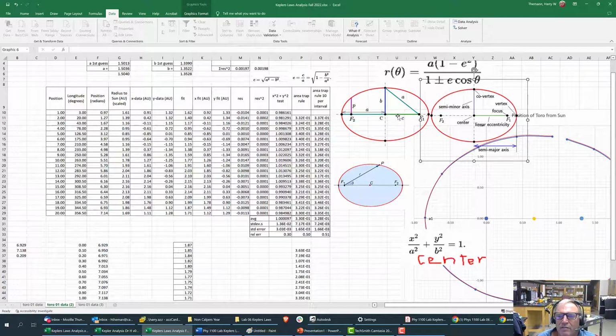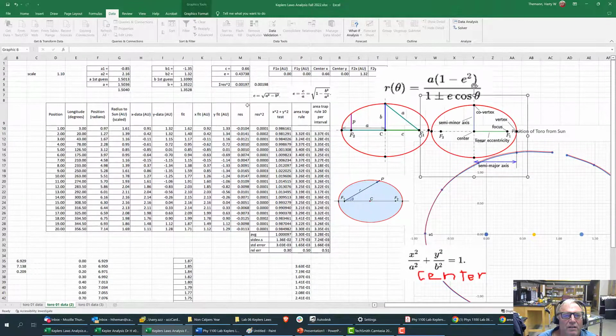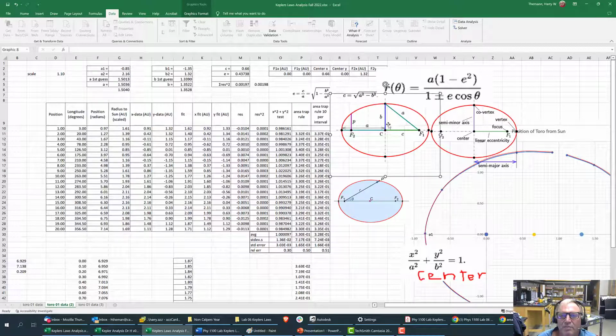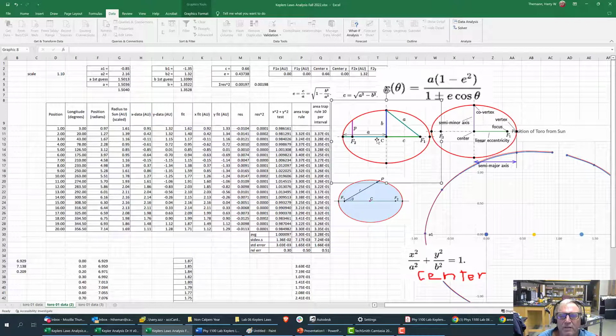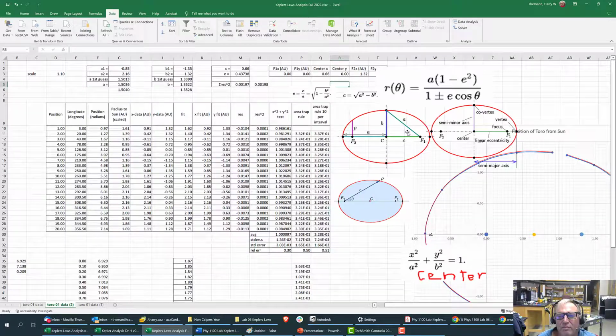And then there's this C, which is called the linear eccentricity. And then there's E, the eccentricity. And you can see, and this is all in that PDF, Ellipses for 1100 lab, with this construction, pretty neat, without proof, I'm just presenting this, that we can determine C from A squared minus B squared.